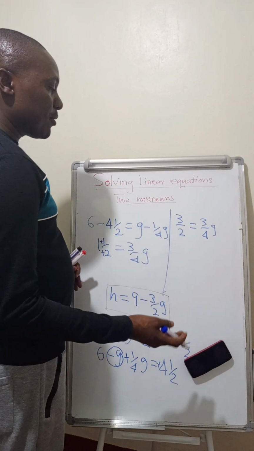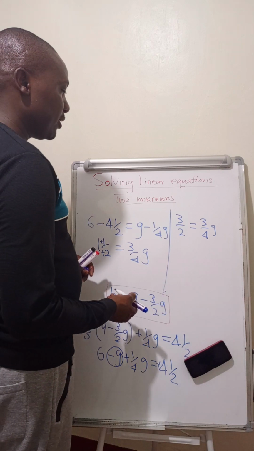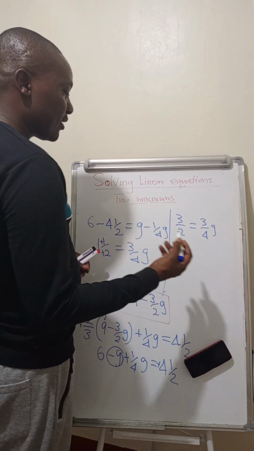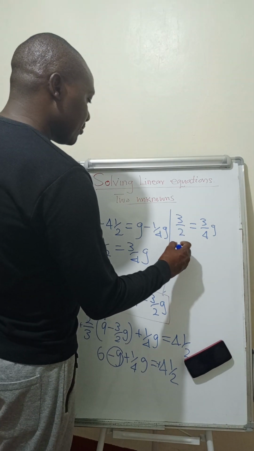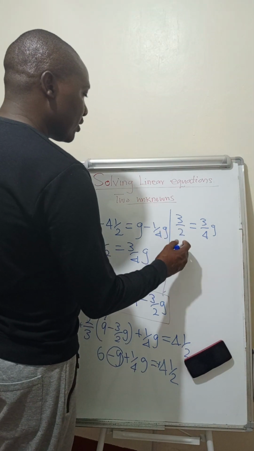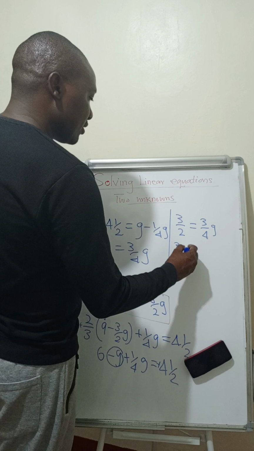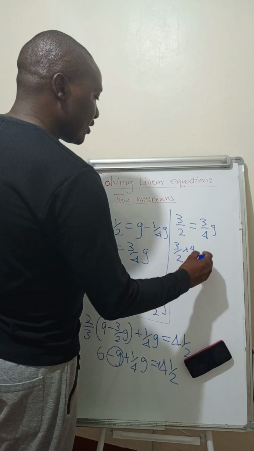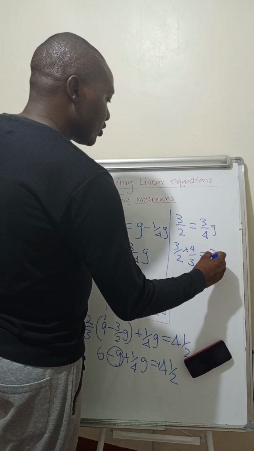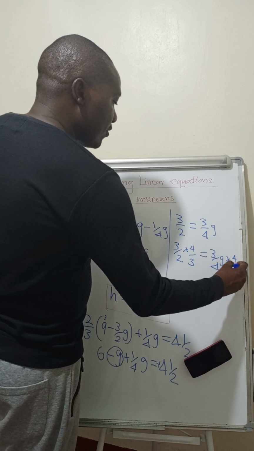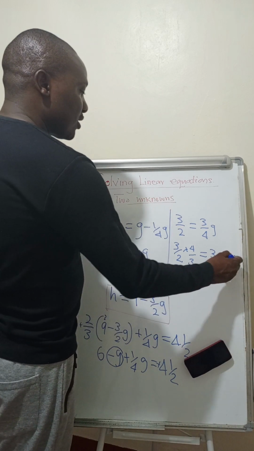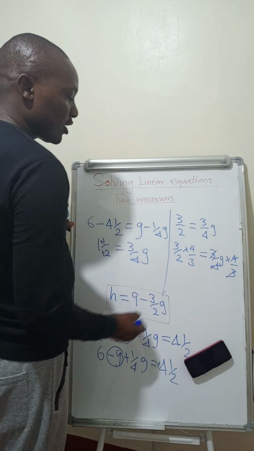But remember, when dividing by a fraction, simply multiply by the reciprocal of the divisor. So here we shall multiply this one by the reciprocal of this, that is 4 over 3, and this one also, 3 quarters g by the reciprocal 4 over 3. This one cancels that. Remain with g alone.